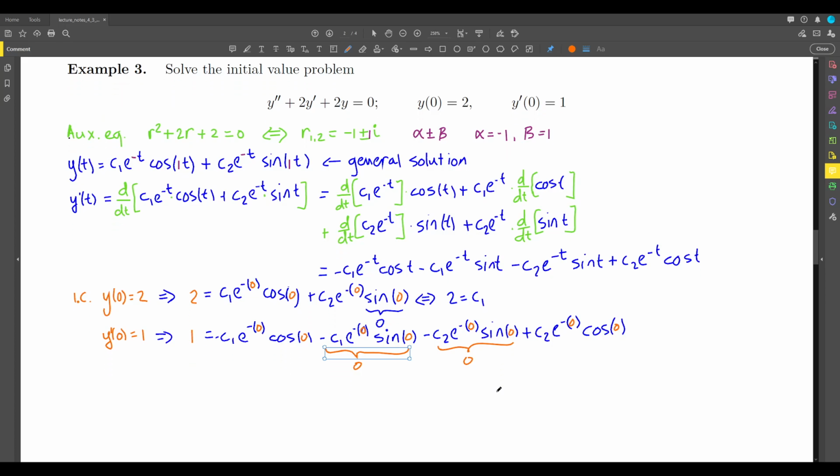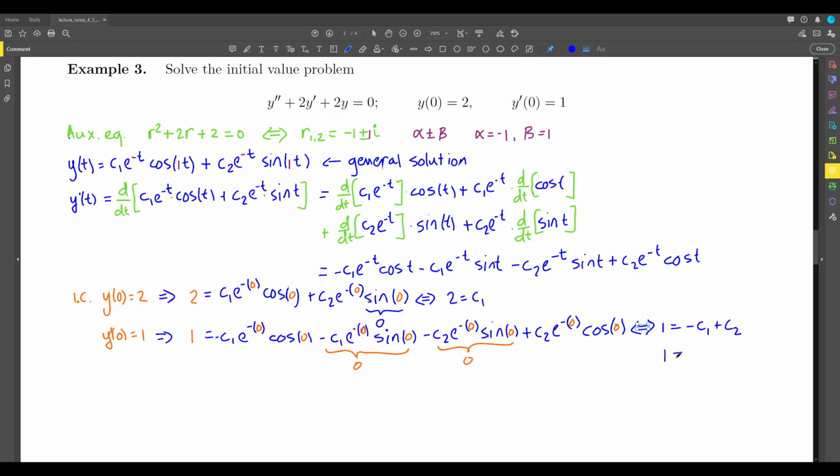And so what we're left with is that this is equivalent with 1 equals, this whole term simplifies to negative C1, and then this whole term simplifies to C2.